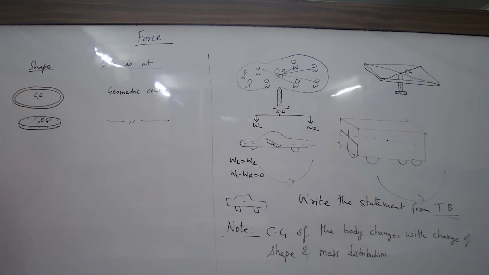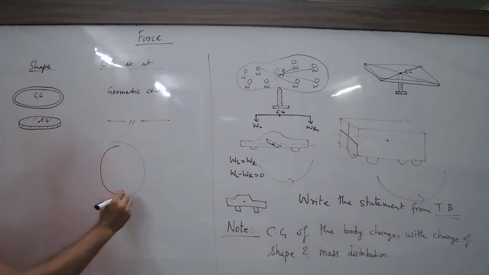Now how will you balance a ring? How will you balance a ring? If you put a ring, it will just get inserted sideways. Yes, you can balance it sideways also.